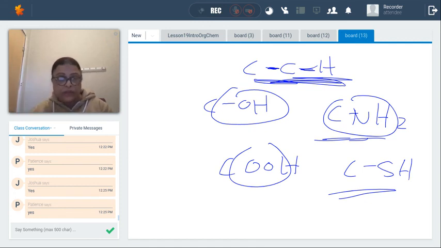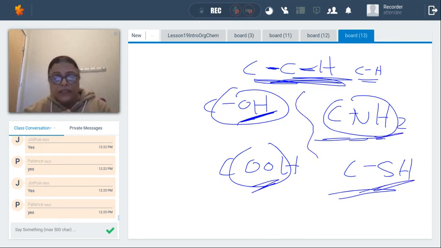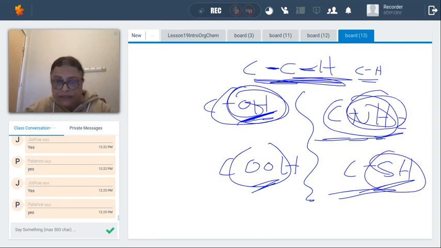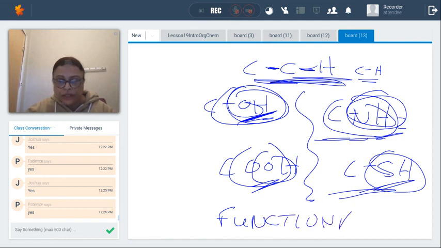Hydrocarbons are defined as having carbon and hydrogen bonds. But here we have oxygen, sulfur, nitrogen. These are called functional groups. They're derivatives of hydrocarbons with different groups on them. You see OH, COOH, sulfur, nitrogen.